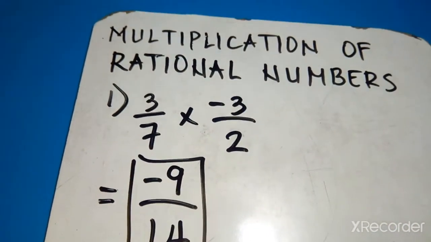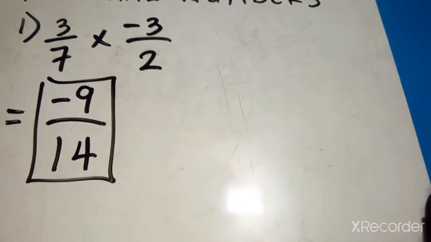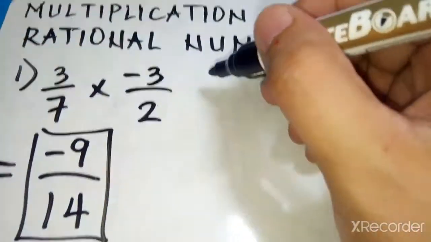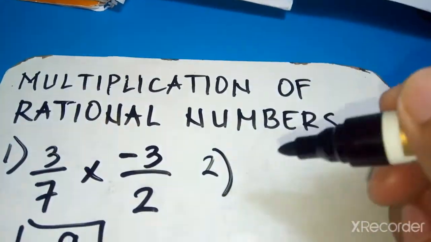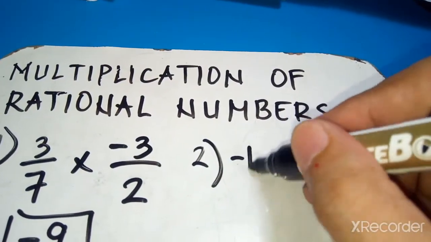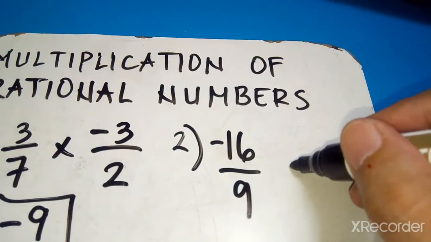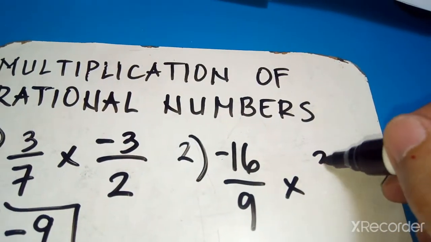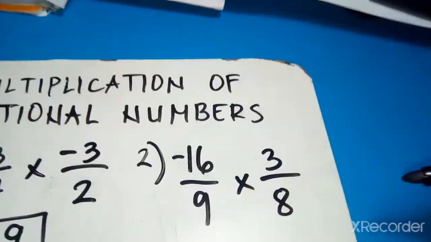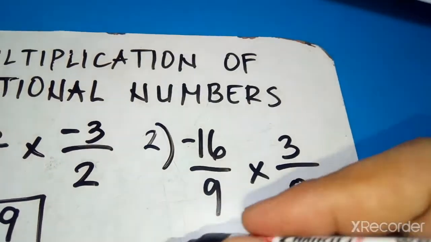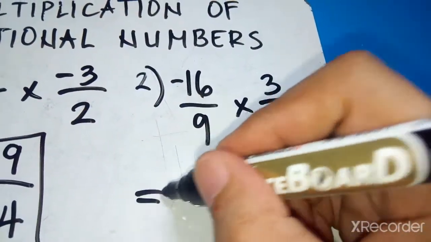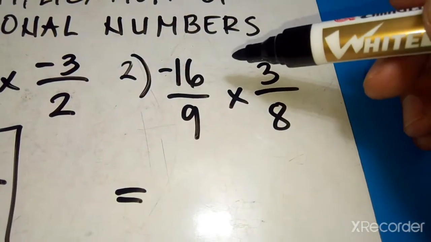Okay, so let's have example number 2. Example number 2 is negative 16 over 9, an improper fraction, multiplied by 3 over 8, a proper fraction. Okay, so let's analyze first.